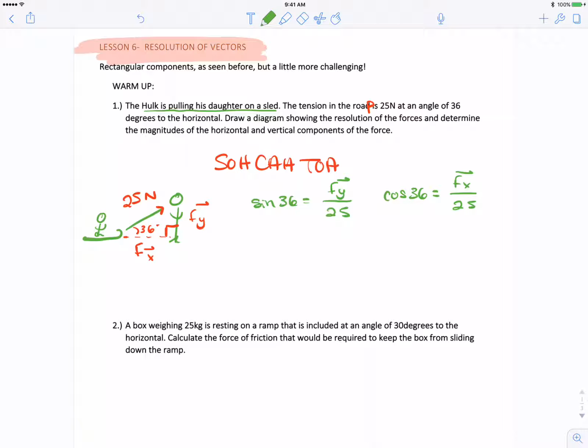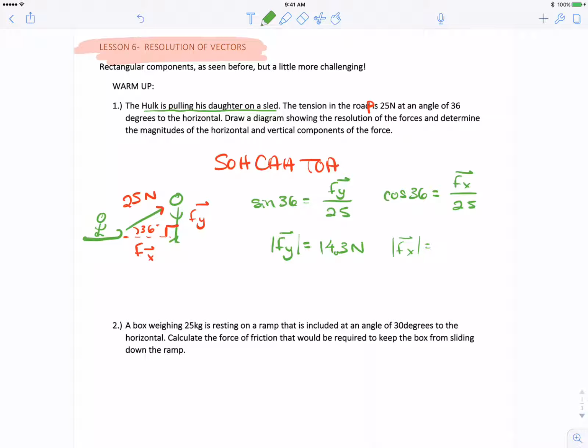When solving for those values, I get the magnitude of Fy, just writing it out like this, to be 14.3 newtons. And I get the magnitude of my x component. It's not showing. Oh, just kidding, it is for me, it's not for you. That's why this is a fun day.